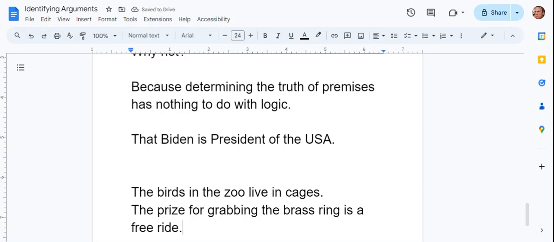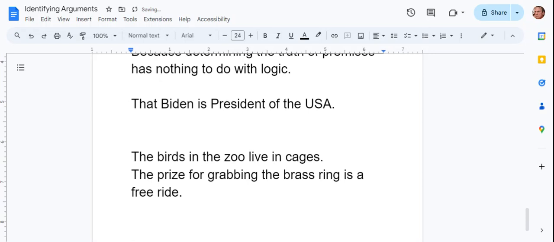The prize for grabbing the brass ring is a free ride. Two random statements just popped out of my subconscious. We don't know if those statements are true or false. We'd have to think about it. But we can see something about the relation between the statements, and that is that they have nothing to do with each other. They don't imply anything. They're just independent statements. They're in no real logical relationship.